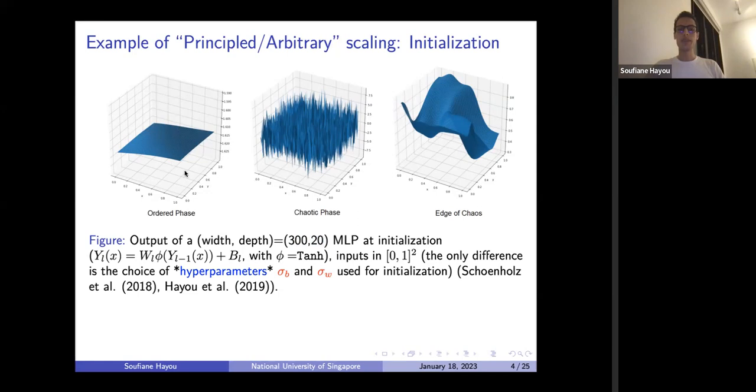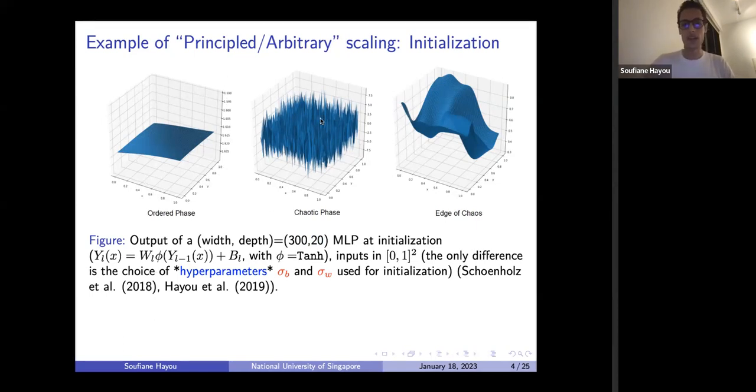Here I'm showing the network outputs at initialization. The inputs for this network are two-dimensional, in [0,1] squared, and the output is one-dimensional. You can think of the X and Y axes as the inputs, and the Z axis as the output.